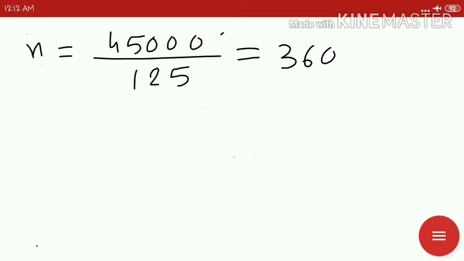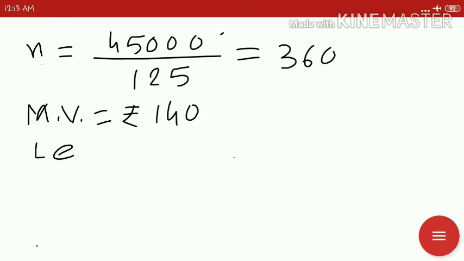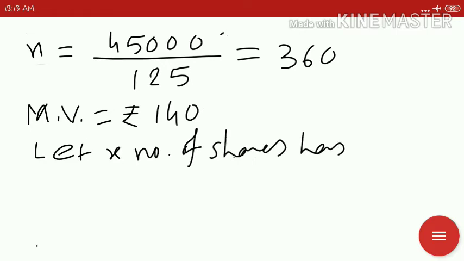And now when the market price has risen to rupees 140, he sold some shares. Okay, these shares are enough to raise a certain amount, 8400, but we don't know how many shares he has sold, so we will assume it. Let x number of shares be sold.